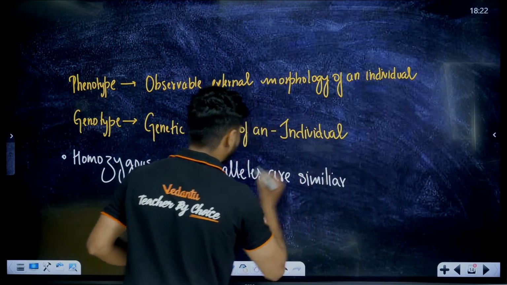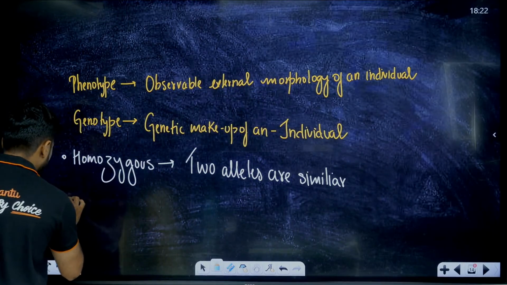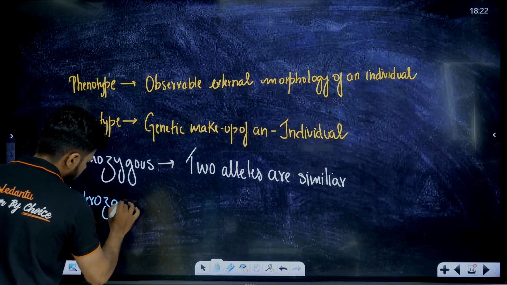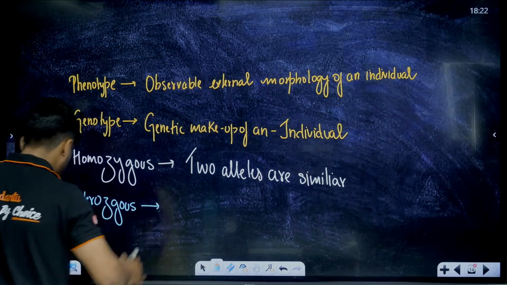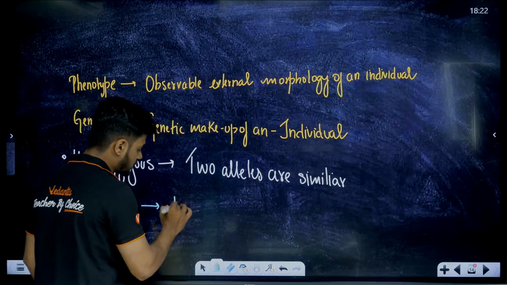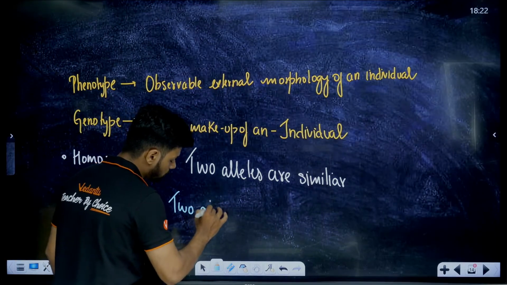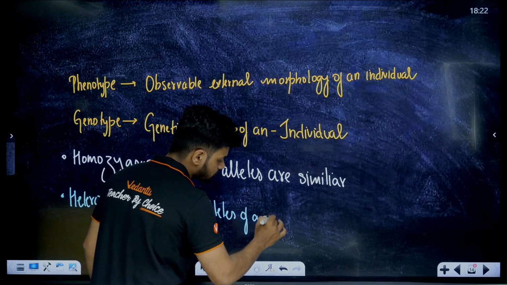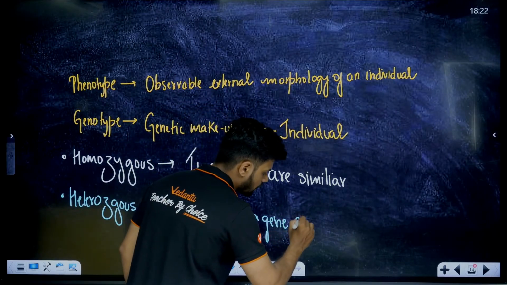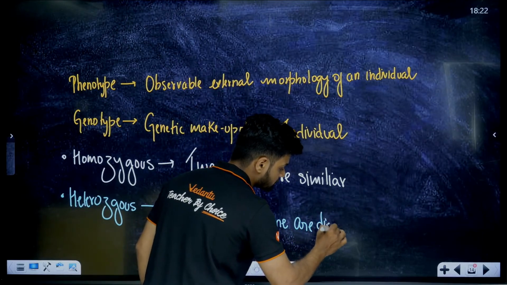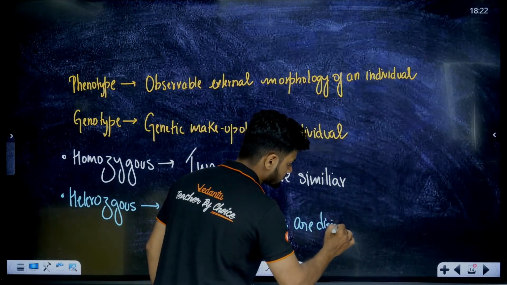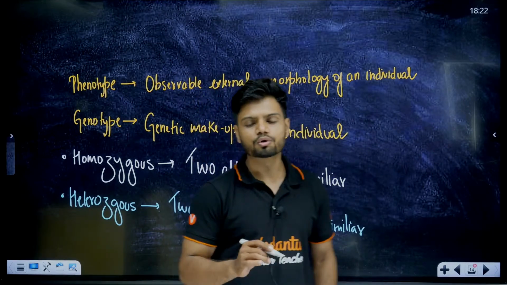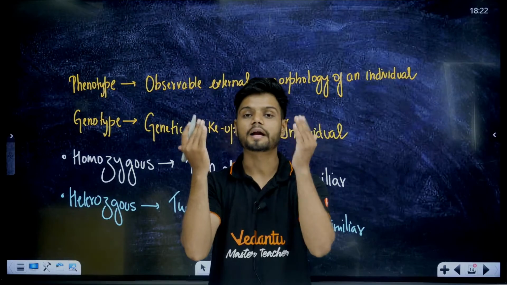Now, what is this heterozygous condition, students? In heterozygous condition, the two alleles of a gene are dissimilar. They do not look like each other. They are called heterozygous condition.